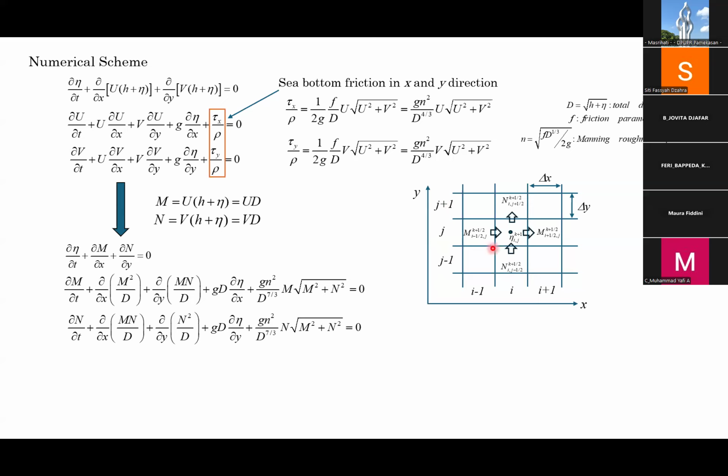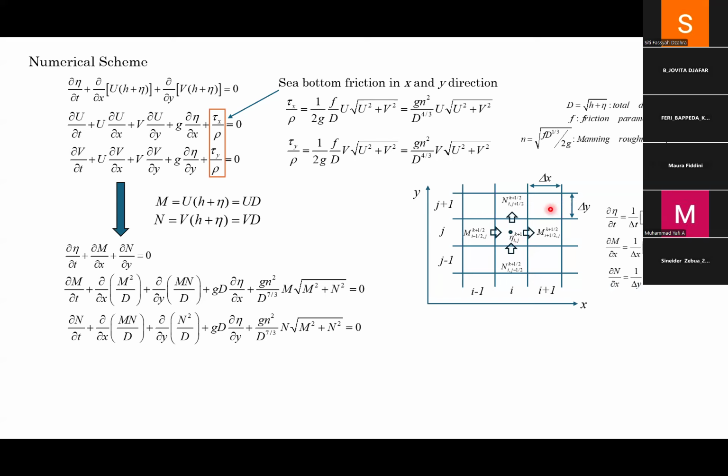We define the horizontal velocities M and N on each boundary of the grid, here and here for M, and here for N. At the center of the numerical cell, we define the water surface elevation eta. And the grid has spacing delta x and delta y.